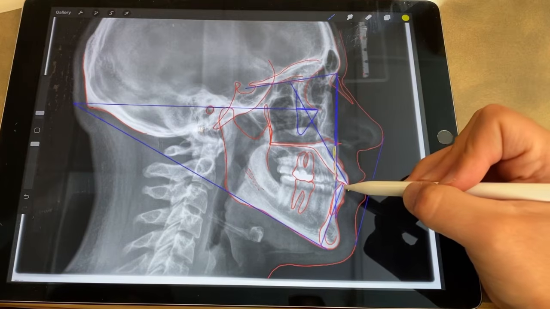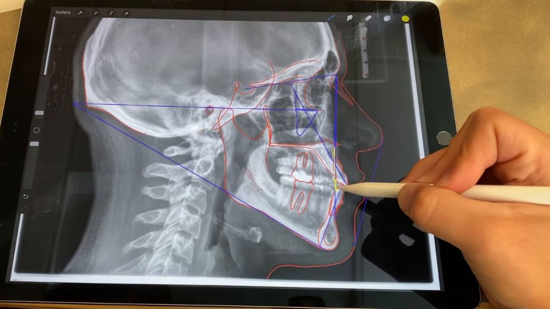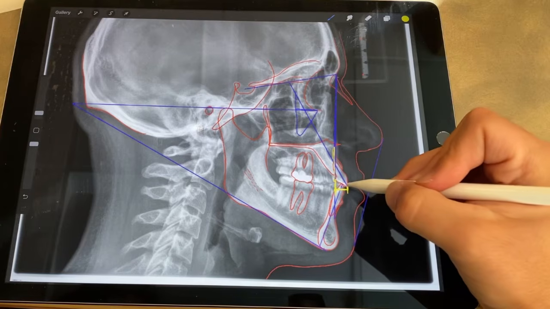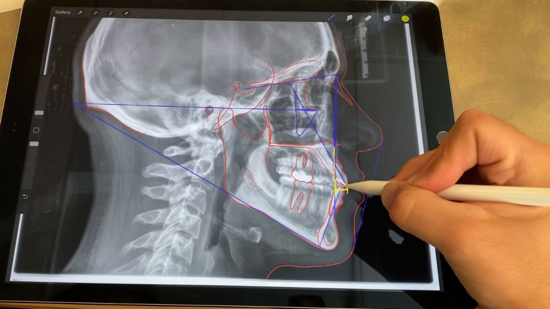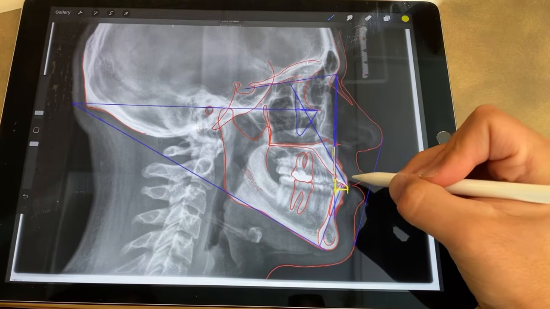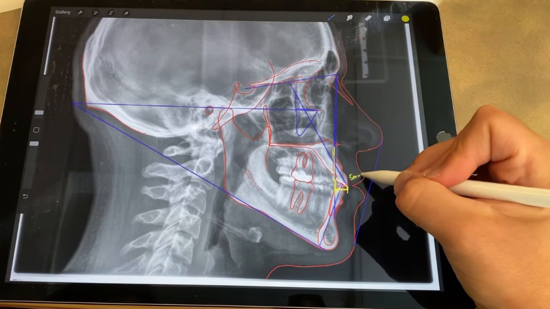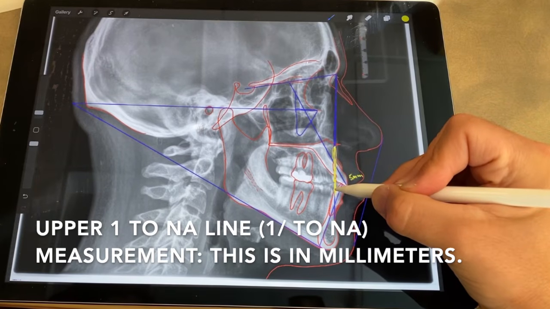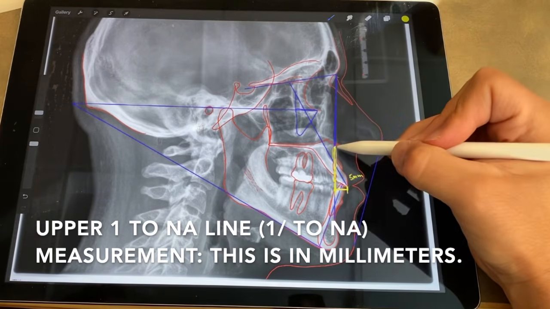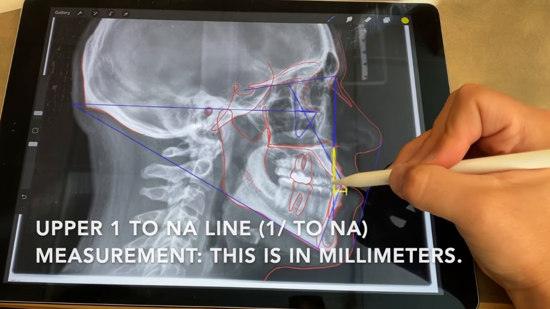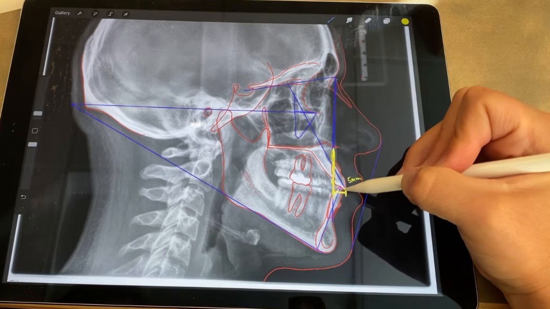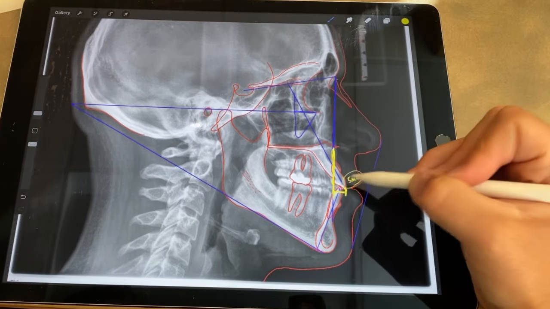So if I measure the perpendicular distance from there to there, that's going to be what? My tip of my incisor is about 5 millimeters beyond a point. That means the front of my maxilla is right here, and this tooth is flared beyond that about 5 millimeters. Now that's pretty normal.